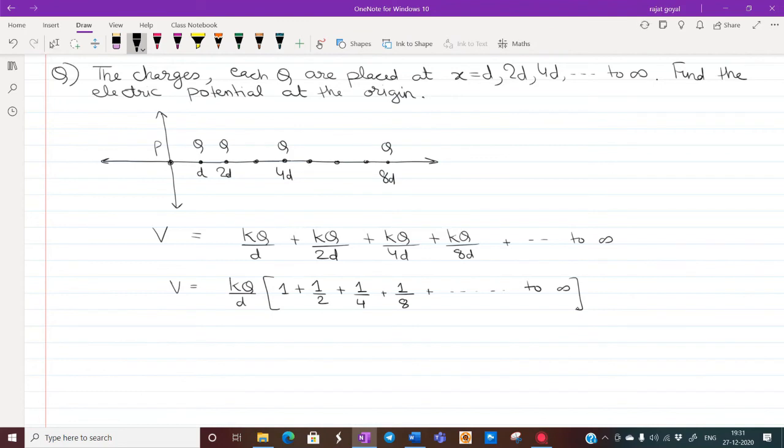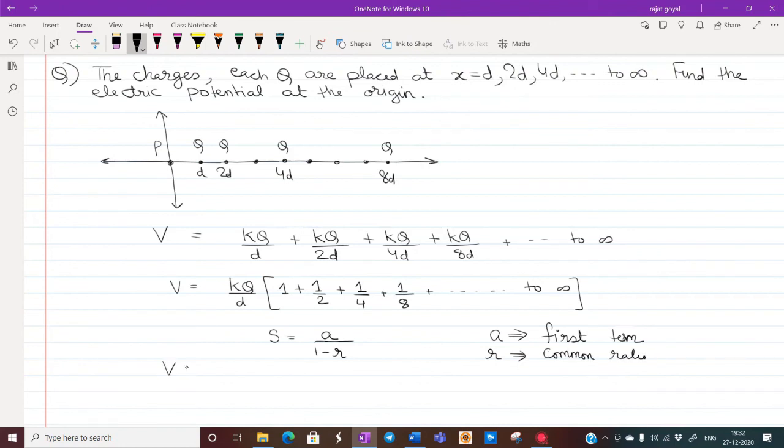So this is an example of an infinite GP. As we know, the sum of an infinite GP is given by A upon 1 minus R, where A is the first term and R is the common ratio.